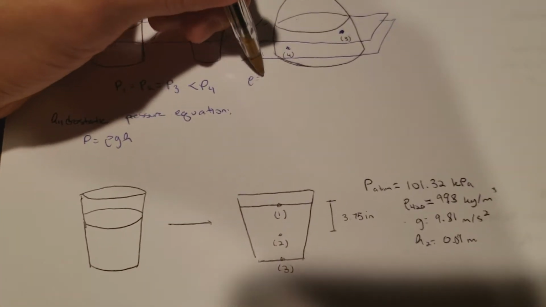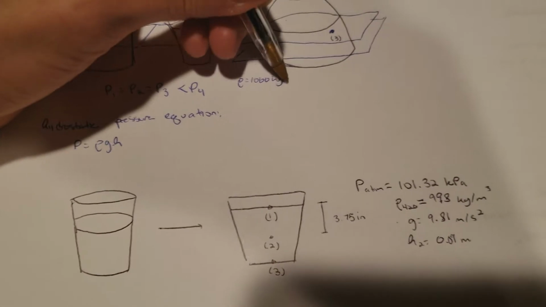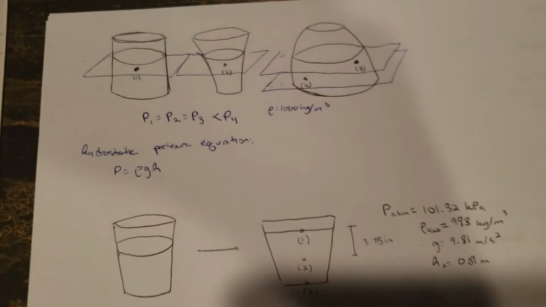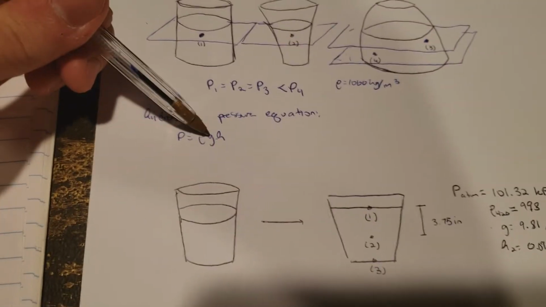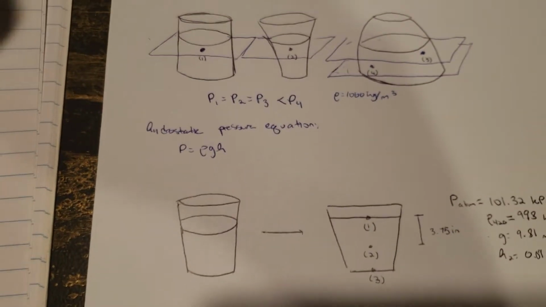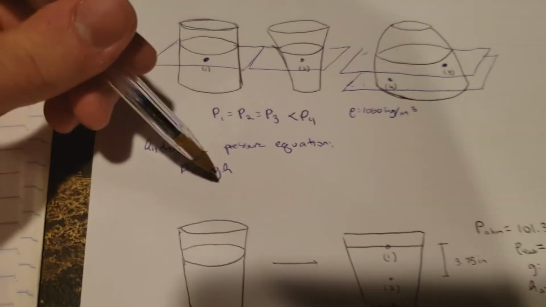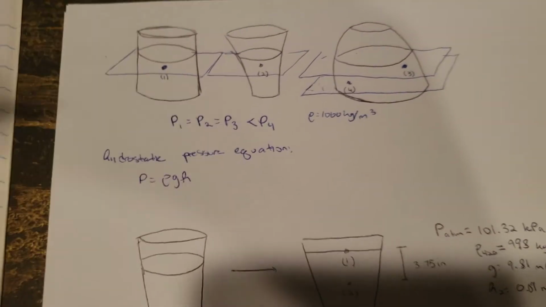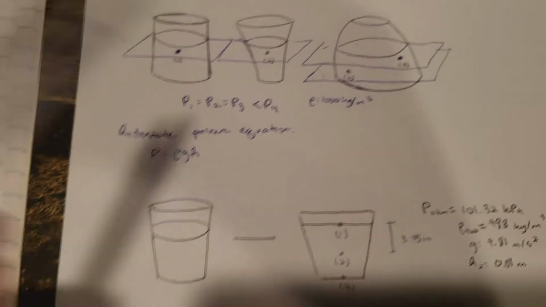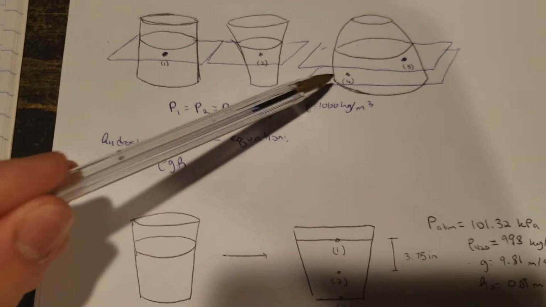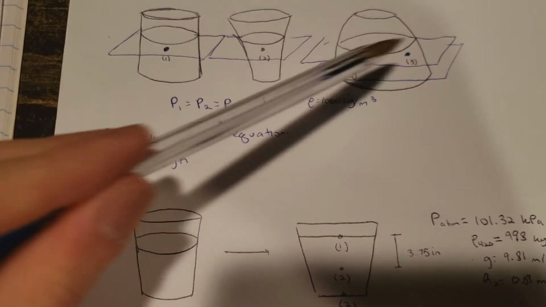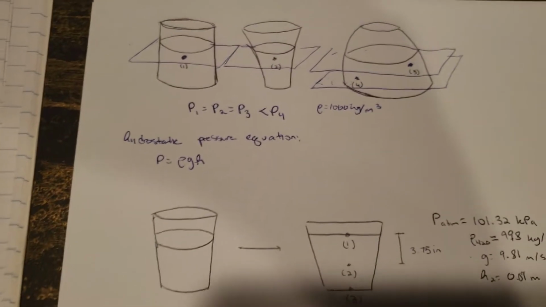Our density will be 1,000 kilograms per meter cubed. That's just the density of water. And g is going to be our gravity term, 9.8 meters per second squared, and h is going to be our height. Now we can start explaining why 4 has a higher pressure than 3, 2, and 1.